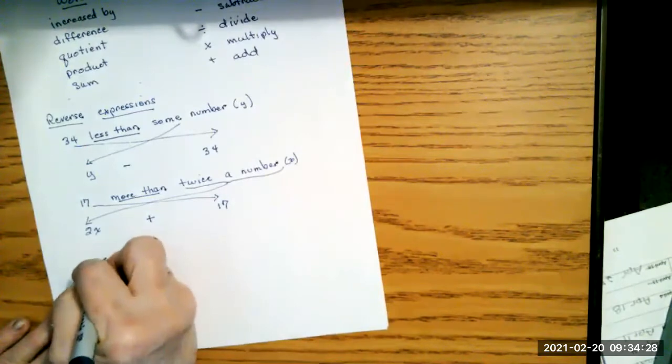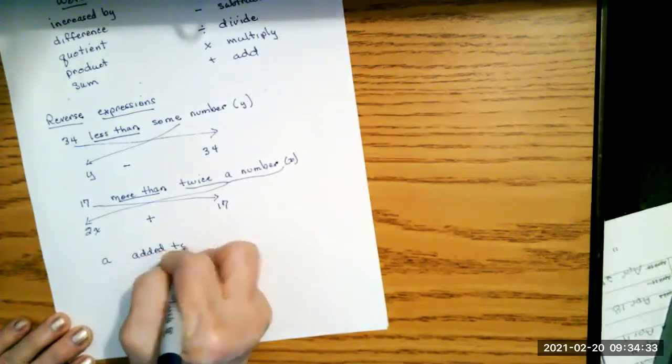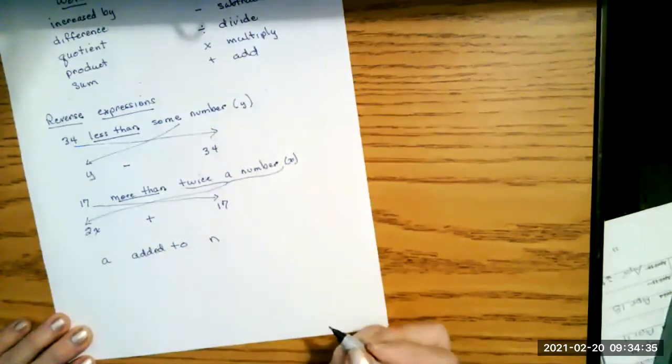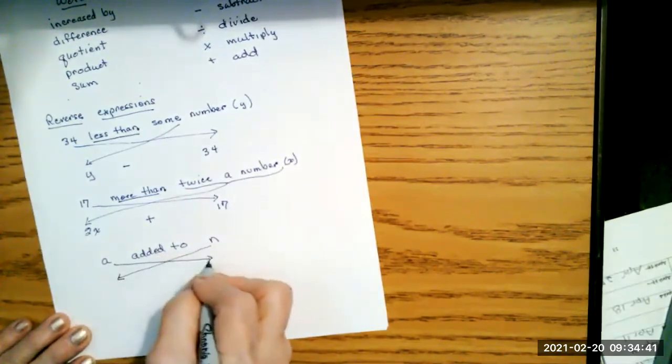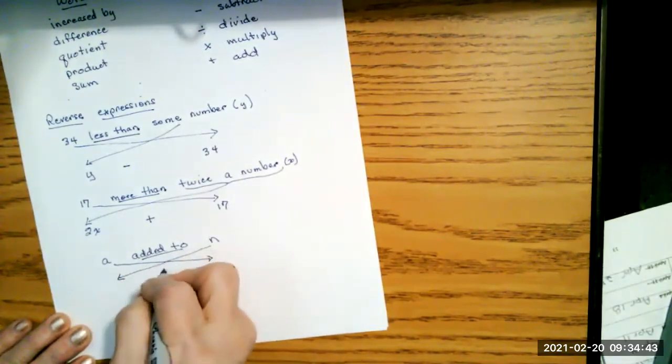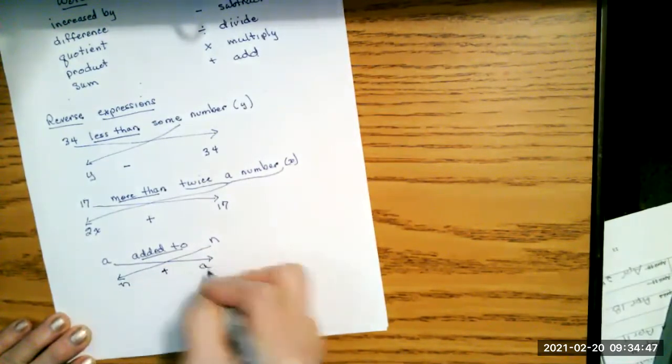Let's try another one. A added to n. This is another reversal. The n comes over here on this side. The a comes over here on this side. And added to means plus. So we'll have n plus a.